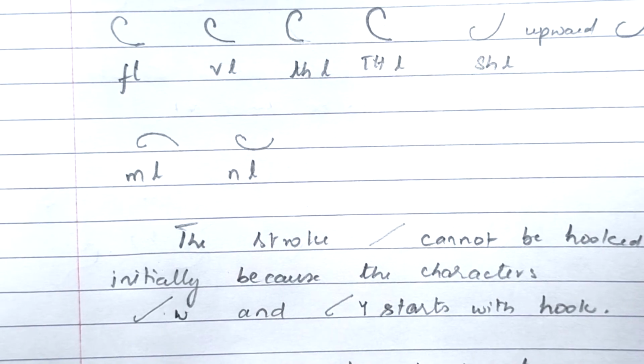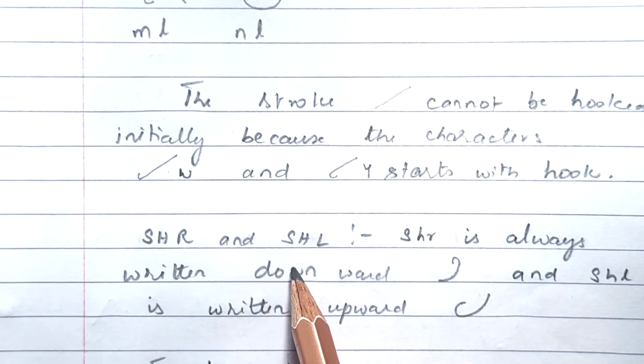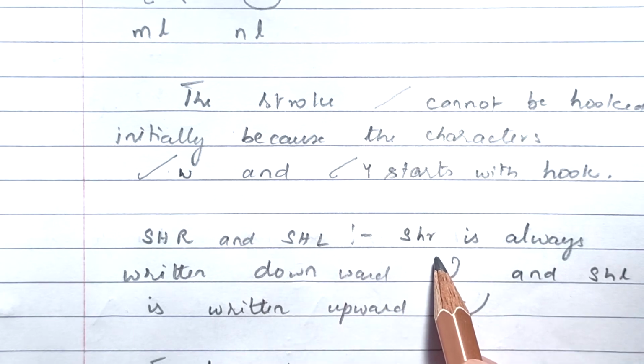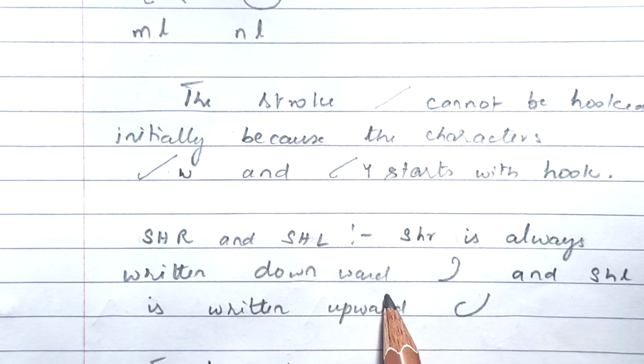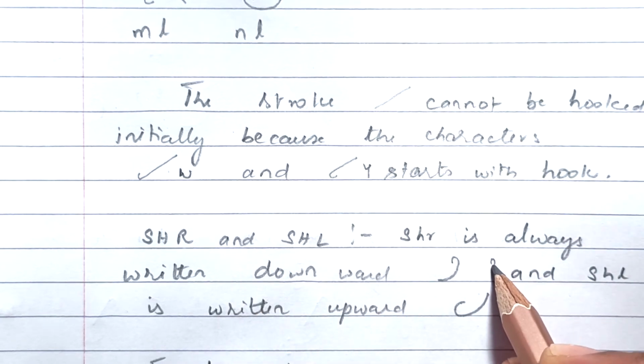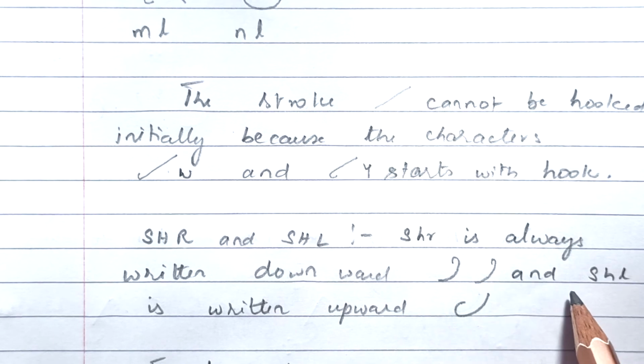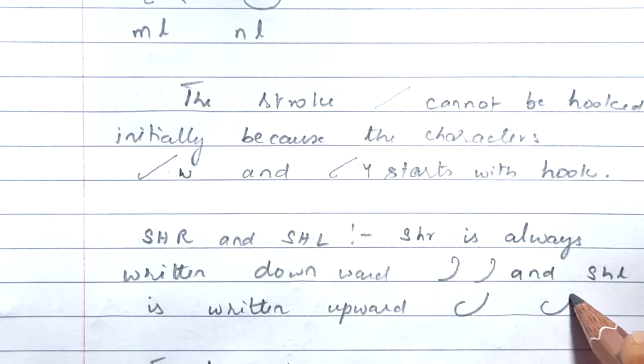Next, it is ish R and ish L. As I already told, ish R is always written downward. So ish and R will be downward, and ish and L will be written upward.